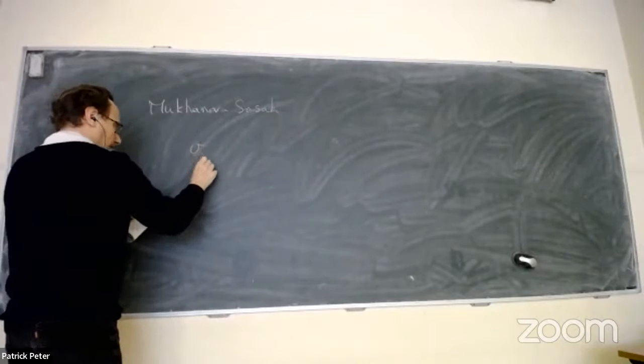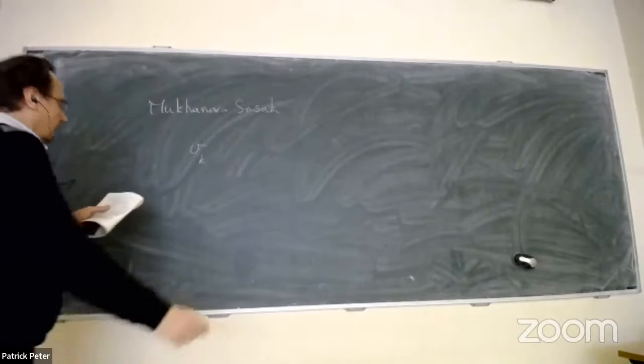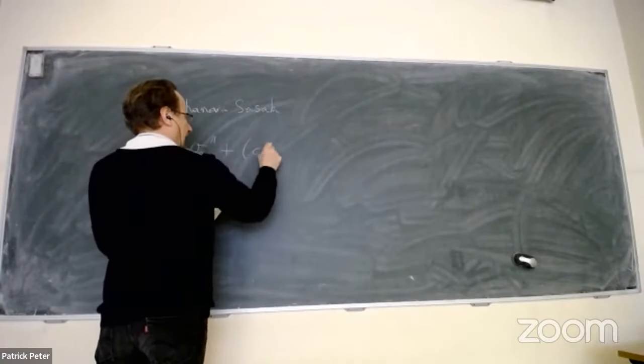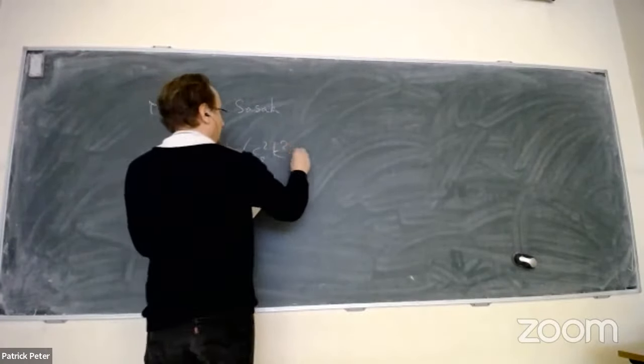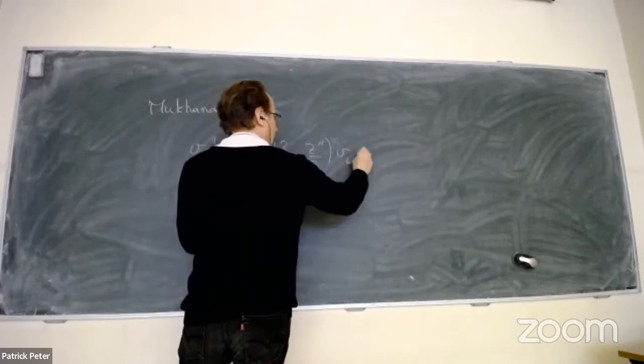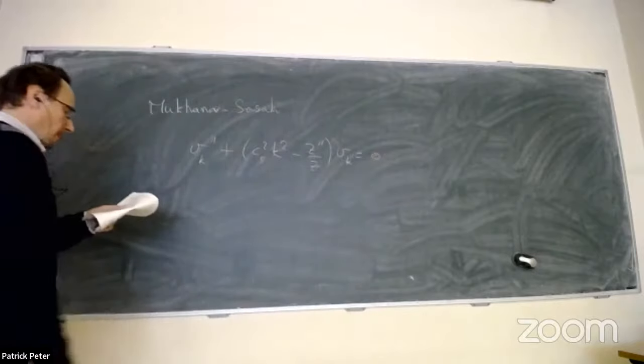which, I guess you know, since you have followed David Wands' lectures, satisfies this equation: v_k double prime plus (c_s^2 k^2 minus z double prime over z) v_k equals 0.